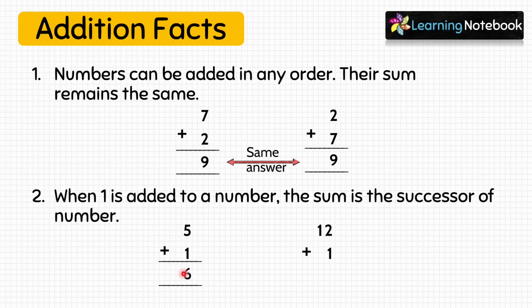Similarly, if we add 1 to 12, so 12 plus 1 equals 13. And we know 13 is the successor of 12. Okay, so remember when 1 is added to a number, the sum is the successor of that number.